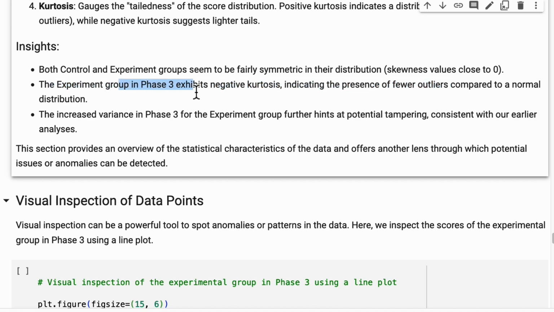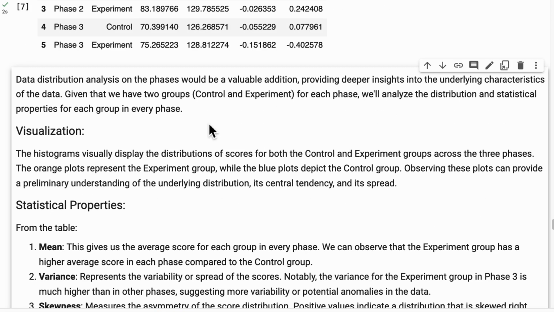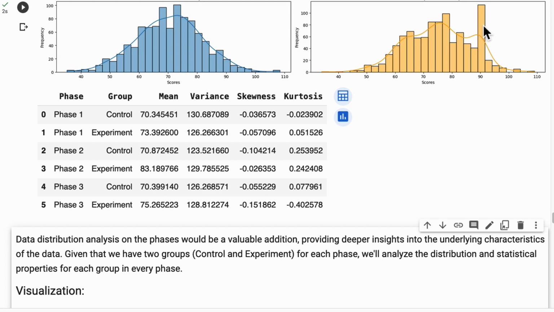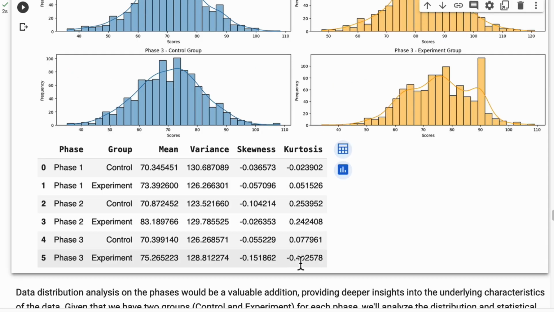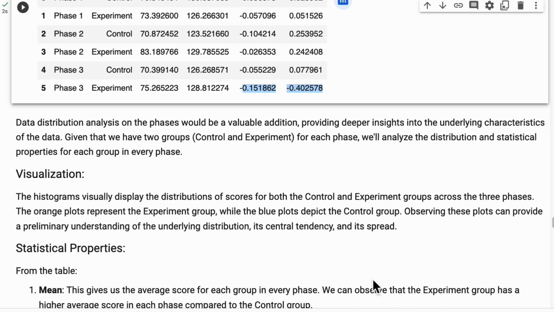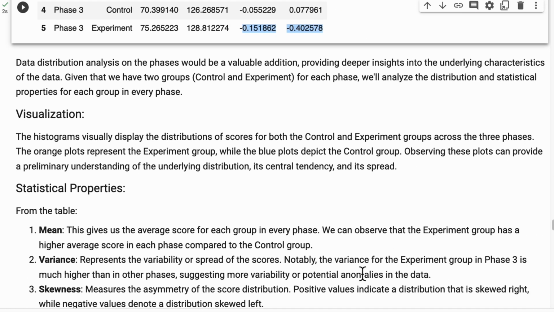That's phase number 3, because we have inserted this 90 here, right? So this stands out here. This skewness here shows that it is not quite symmetrical, right? So these two values of phase 3 will give you some clue about possible data manipulation.